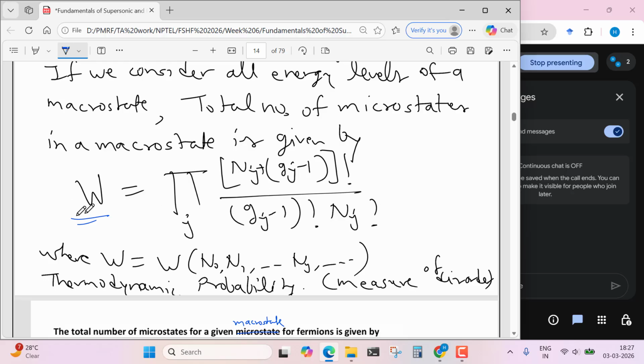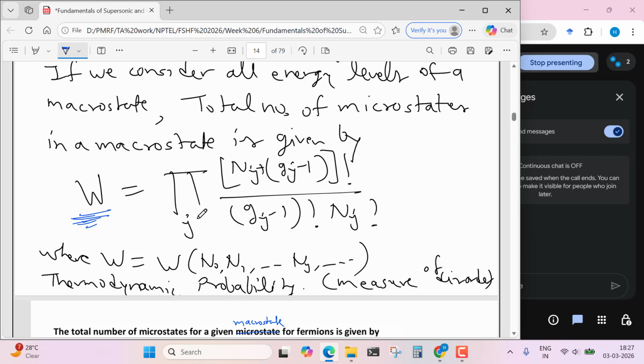So what is this W? It is the total number of microstates in a macrostate. And this W is a function of what? N0, N1, Nj and so on. This W is also called the thermodynamic probability or measure of disorder.